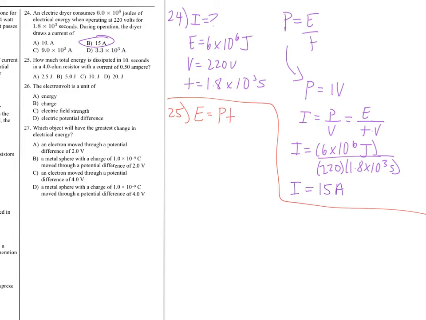Energy is equal to P times T. Using I and R together, we get I squared R for P times T. 0.5 squared times 4 times 10 seconds, and we should get, whoa, why isn't it erasing?